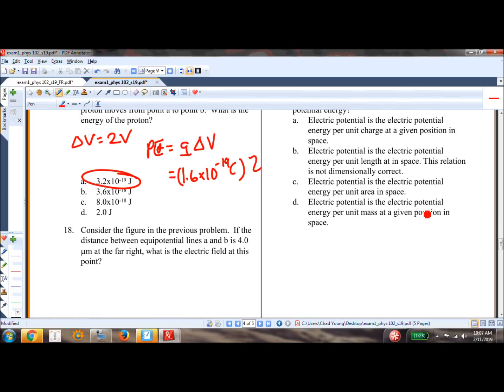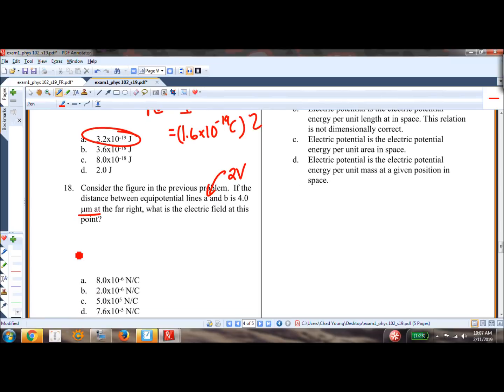Between A and B, that is a delta V of 2 volts, and the distance between those two is 4 microns, and I want to know what is the electric field. This is where knowing the units of the electric field is important, because the units of the electric field are newtons per coulomb, but they can also be volts per meter. That means the electric field is equal to my potential divided by my delta x, just looking at the units.